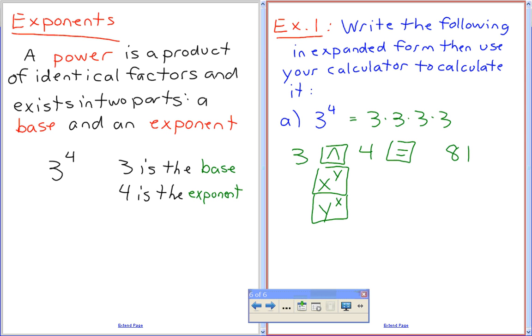Anybody else? We're all good? All right, good. So we all got 81. Let's do one that's a little bit more complicated.